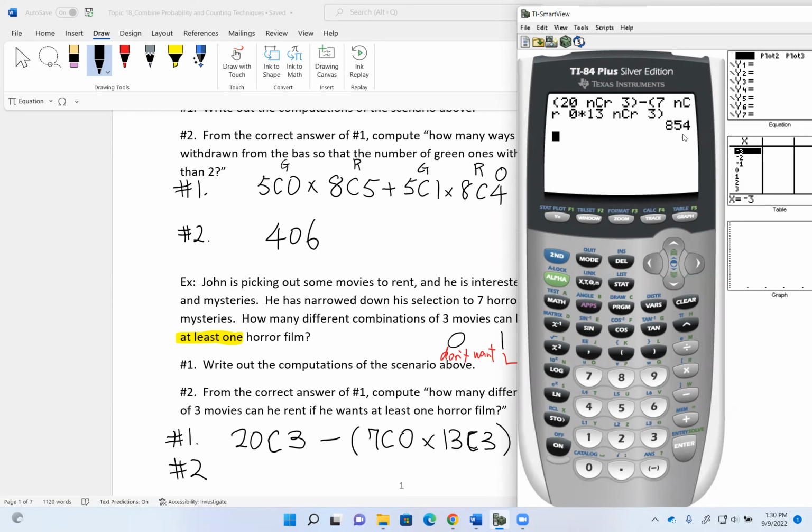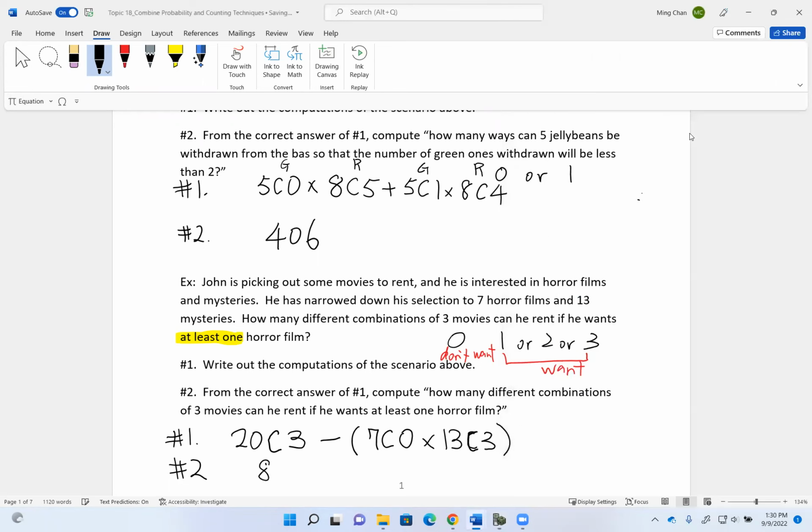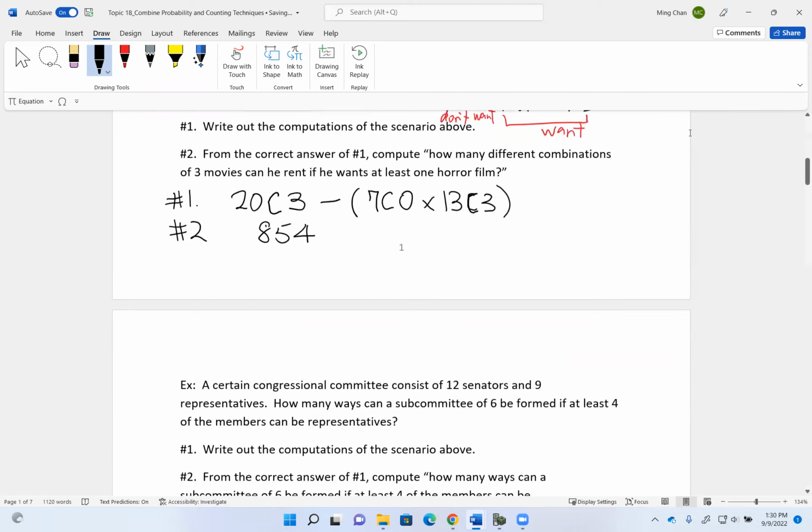So there are 854 ways to get at least one horror film. That includes 1 horror film, or 2 horror films, or 3 horror films. So this is using the complement rule to help us.